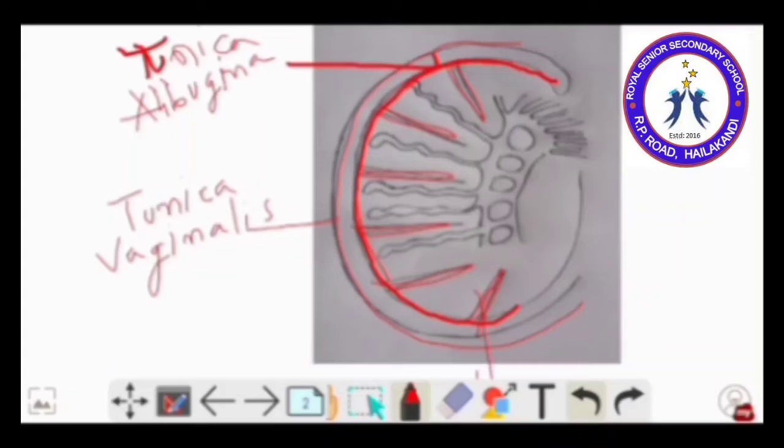This tunica vaginalis is also a protective cover.